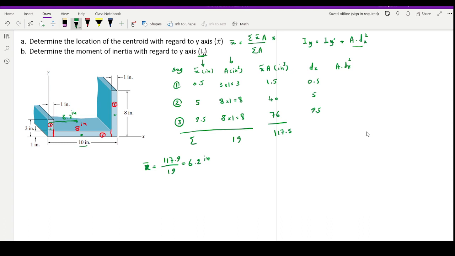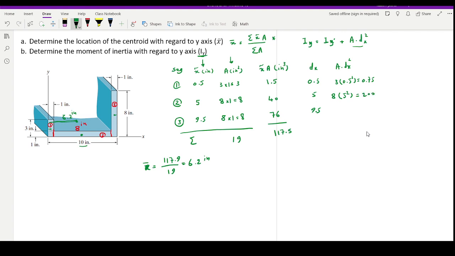So it's going to be a, which is 3 times 0.5 square, and that's going to be 0.75. For this one, it's going to be a, which is 8 times 5 square, and it's equal to 200.